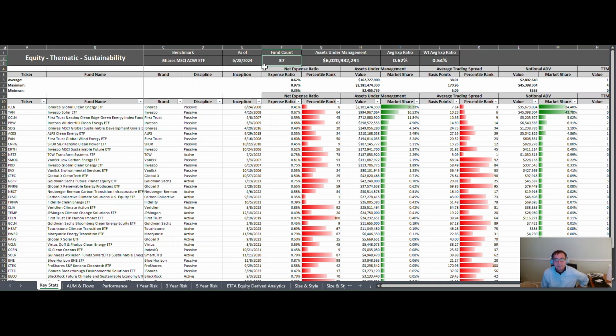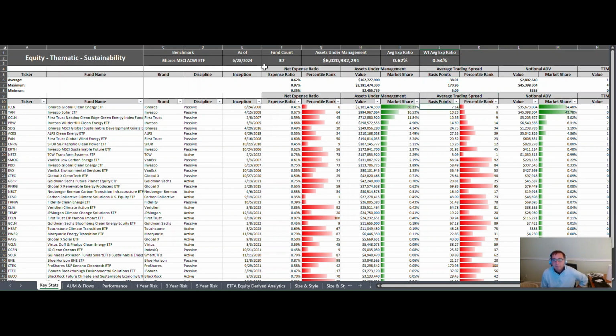So as of the last day of June, 6/28/2024, how many funds are currently in the category? There are 37 ETFs that we currently categorize as equity, thematic, sustainability. There's currently just a little over $6 billion in this category. The average expense ratio, the simple average of these 37 funds, is 62 basis points. And the weighted average expense ratio, so the assets times expense ratio, is a little bit lower at 54 basis points.